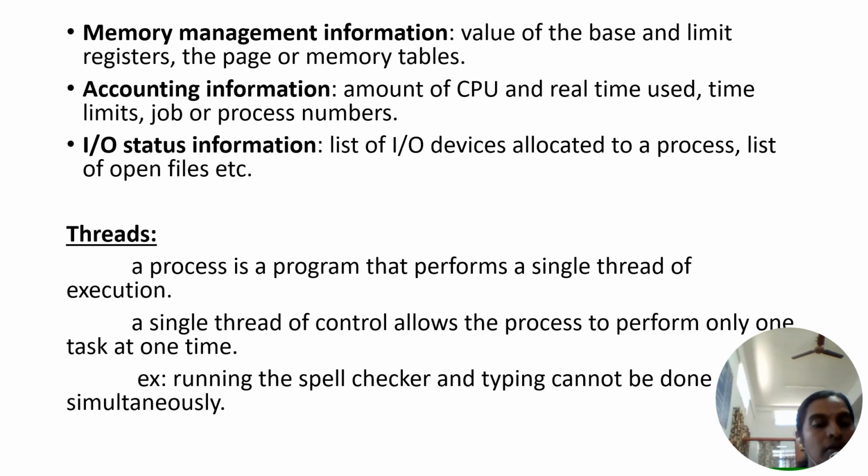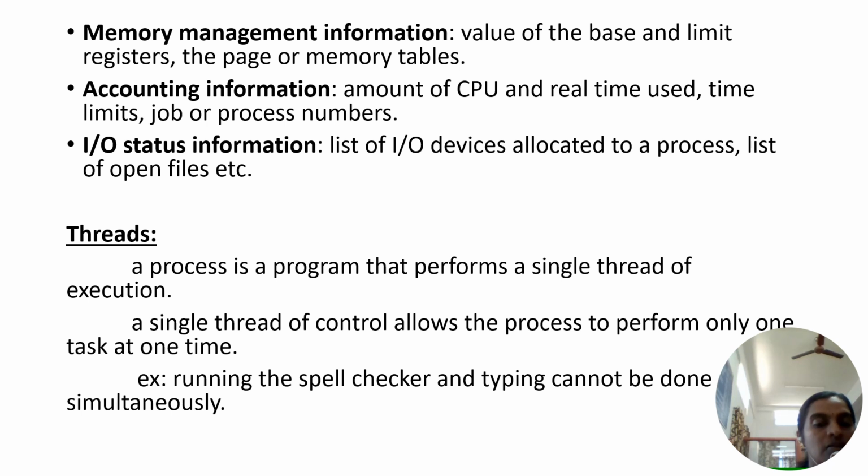The accounting information includes the amount of CPU used and the real time used, how much of the CPU was used during real time processing, the time limits of the CPU, the job or process numbers.